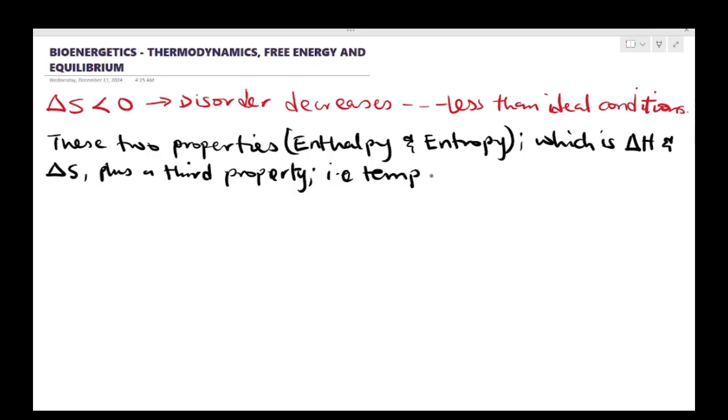These three of them actually combine and contribute.